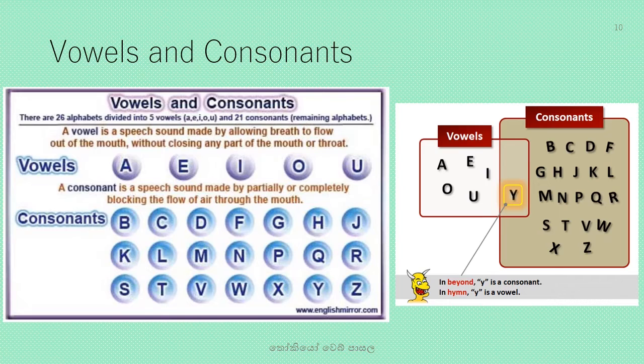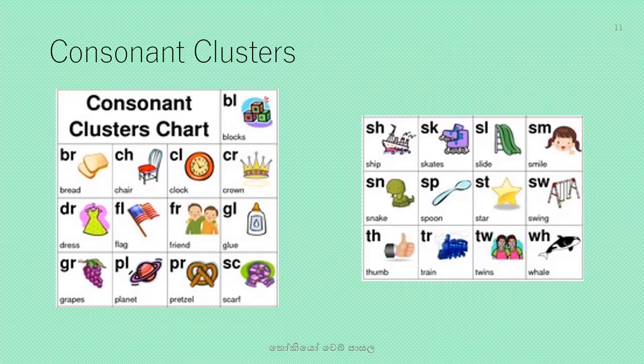So now we know what a consonant is. Let's look into consonant clusters. Consonant means the letters other than the vowels. Cluster means a combination of something.